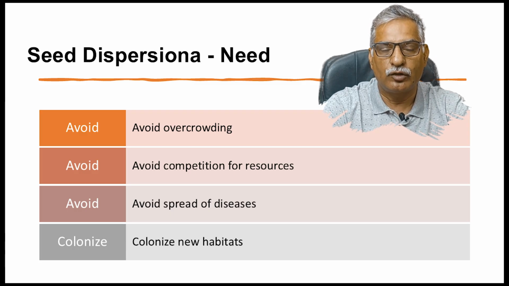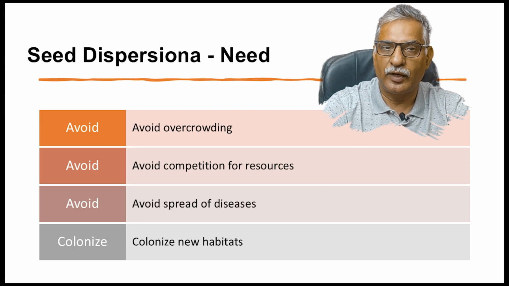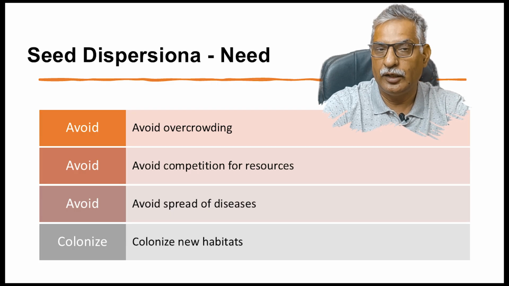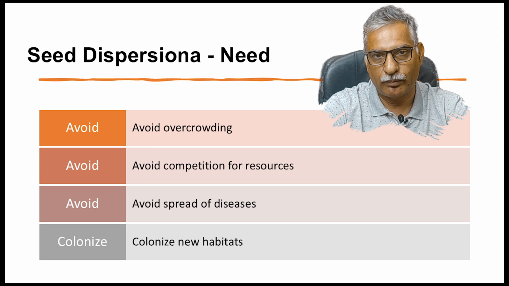They want to prevent any disease erupting due to overcrowding, right? And they want to prevent any possible competition of the baby plants with their grown-up parent plants. So that's why seed dispersion is important, and the parent plants want their seeds to be dispersed away from them.